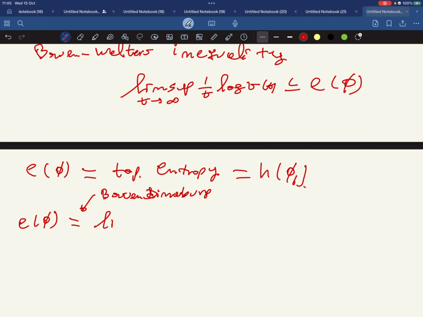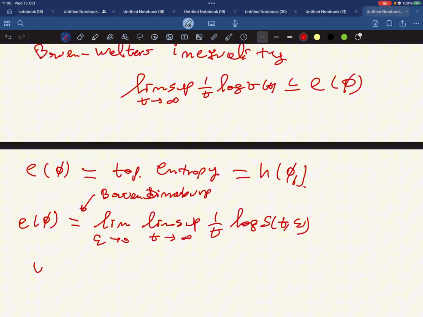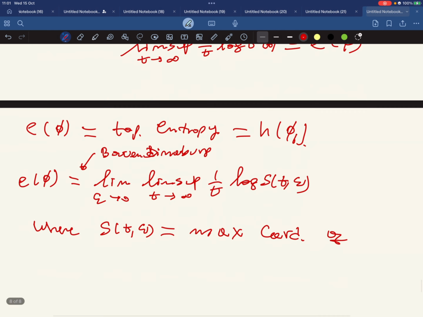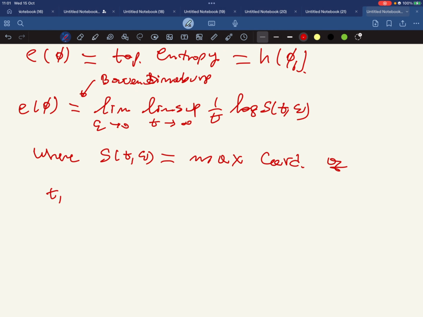Which is the limit as epsilon goes to 0 of the lim sup as T goes to infinity of 1 over T log S(T, epsilon), where S(T, epsilon) is the maximal cardinality of a (T, epsilon)-separated set A, which means the following.